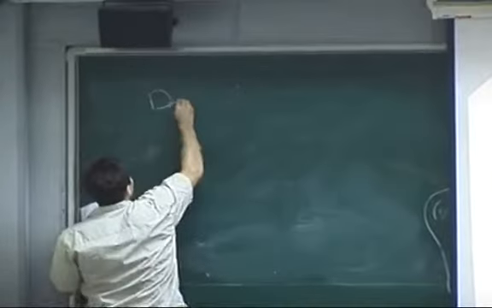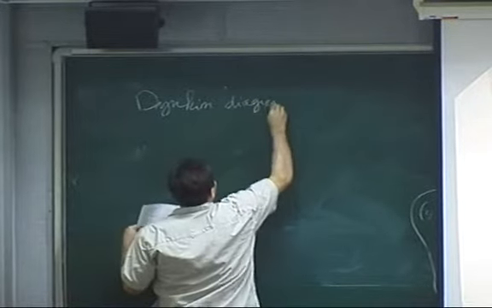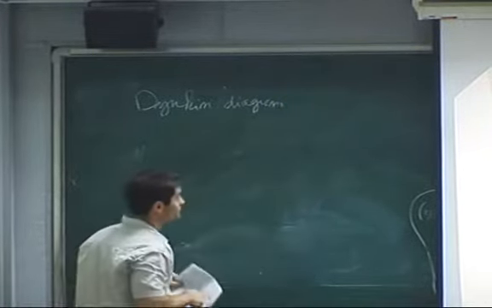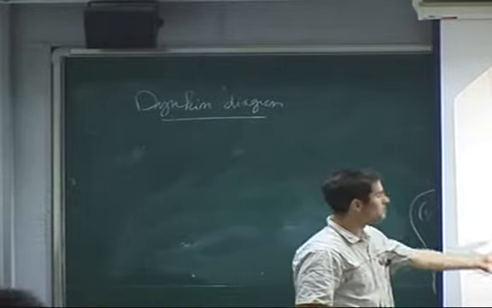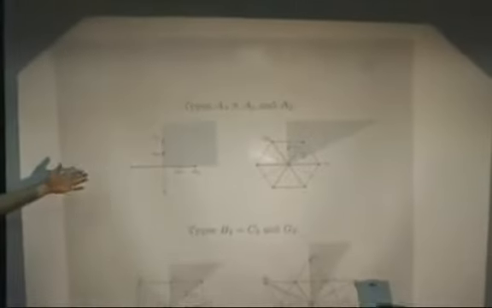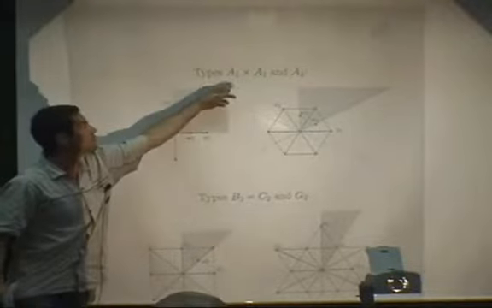So now we want to give types of groups to classify them. I want to define a Dynkin diagram. So a few remarks here. When we are in dimension 2 here, we have 2 here, 2 here, 2 here, and 1 plus 1 equals 2.